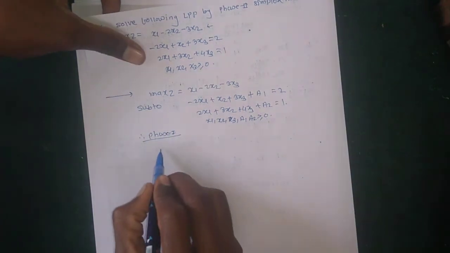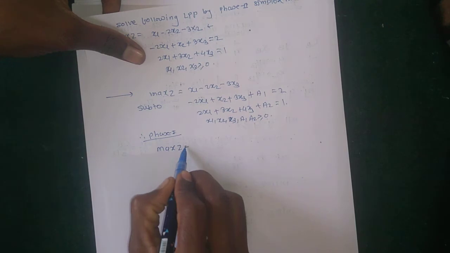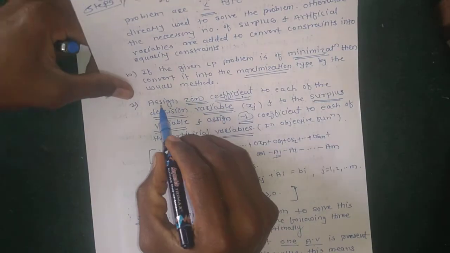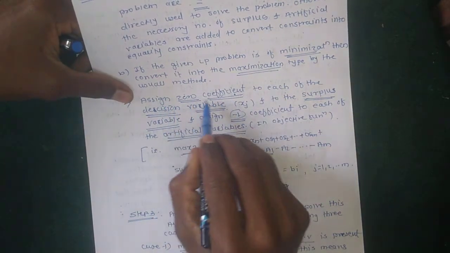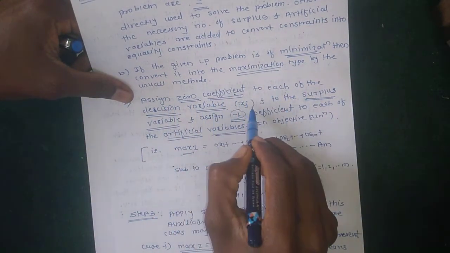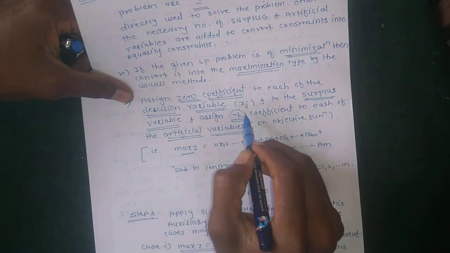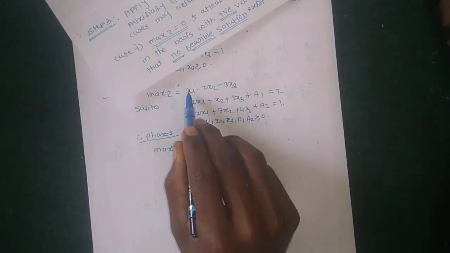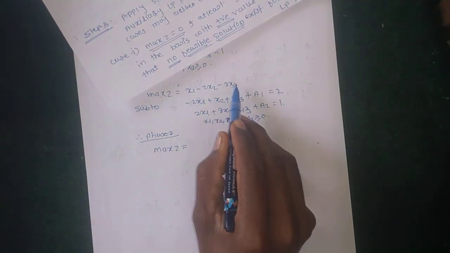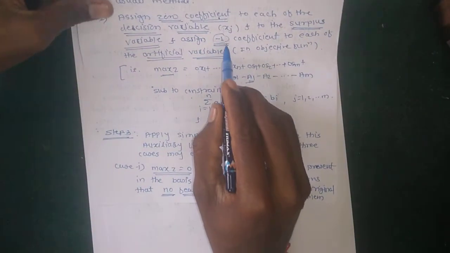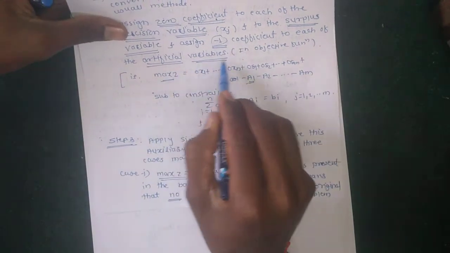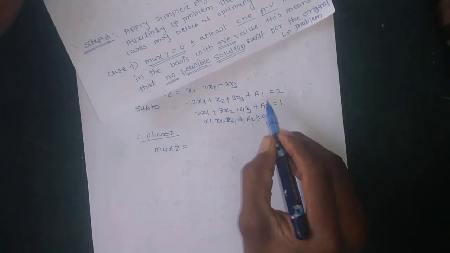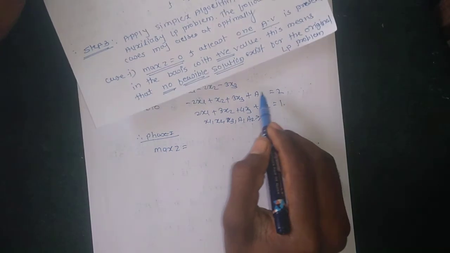Okay, in the phase first method, maximum z is equal to... Step second says that assign 0 coefficient to each of the decision variables and to the surplus variable. Here the surplus variable is absent, but the decision variables take their coefficient in the objective function as 0, and assign minus 1 coefficient to each of the artificial variables. Artificial variables are 2, so their cost in the objective function is minus 1.